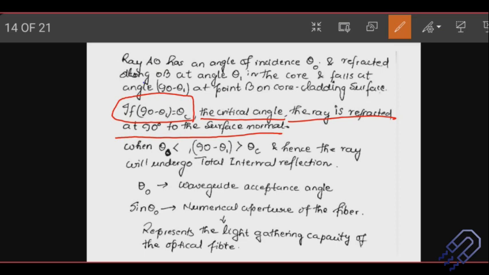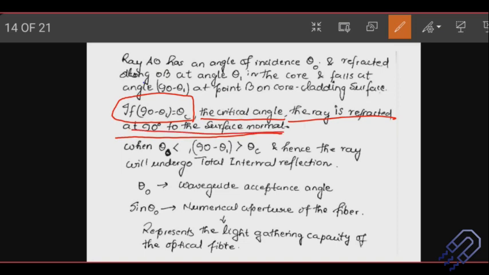So if this 90 minus theta 1 is basically the critical angle, that means the ray won't reflect back. It won't also go to the other surface suffering reflection. It will move along the surface. So this will move 90 degrees to the surface of the material. So you have to understand this.